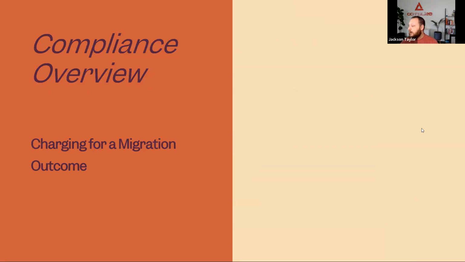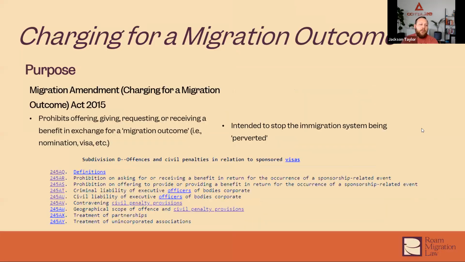Now, charging for a migration outcome. As discussed before, this is intended to stop people from perverting the immigration system by gaining a benefit in exchange for using the immigration system in the wrong way. So both sides are prohibited from certain forms of conduct.